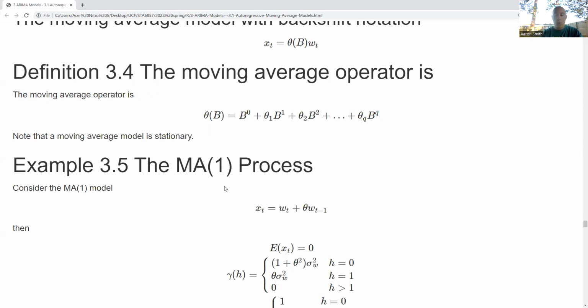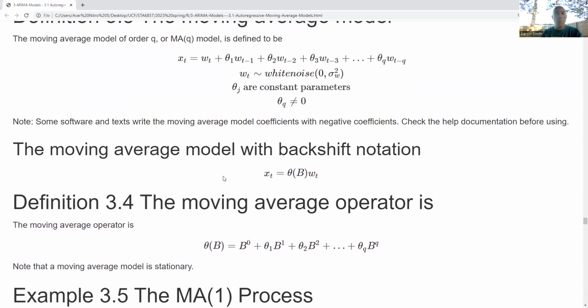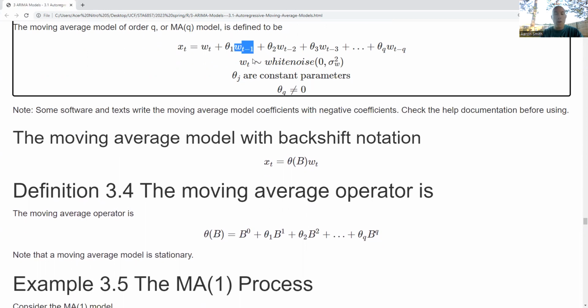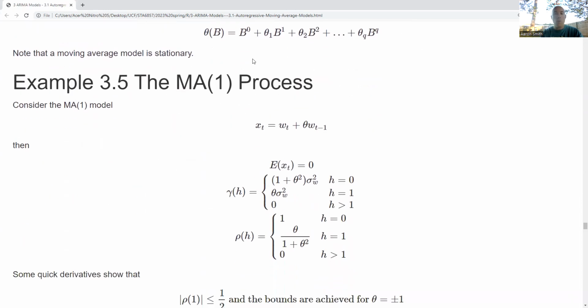All right, so now let's take a look at an MA1 process. We're going to take the formula we just looked at up here, and we're going to stop at just one lag term in our white noise time series. And so this is our model for this example. Since this is an introduction, we're going to go pretty deep into this model to give us a full understanding of what's going on.